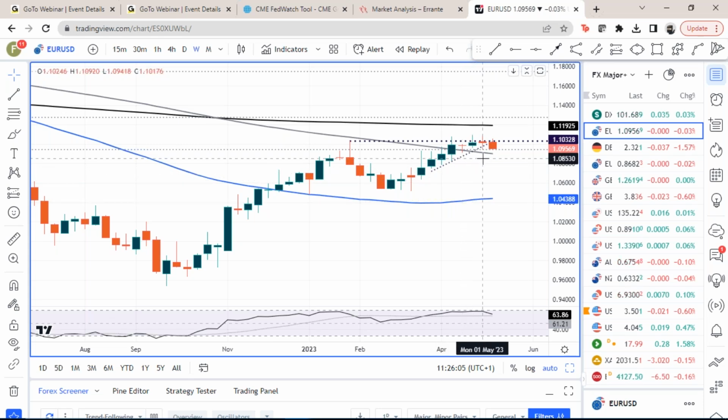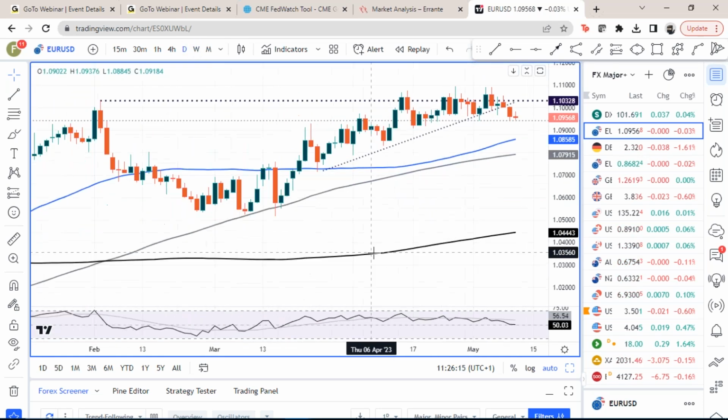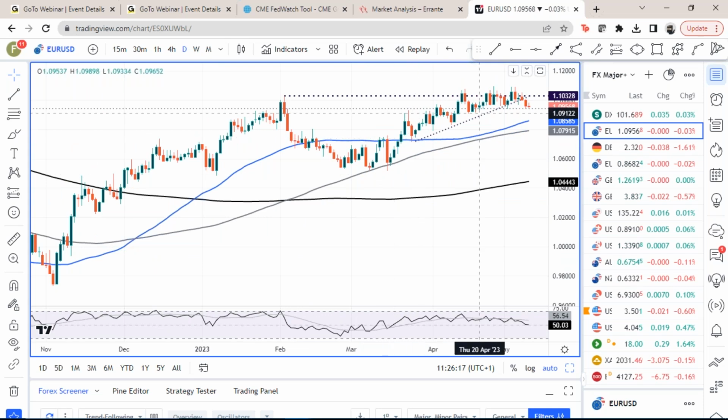A doji points to indecision between the buyers and sellers. If we pull up the daily, tighten that up a bit, you can see that near-term trend line support, which we tapped a few times, just rolled over through that trend line support yesterday.